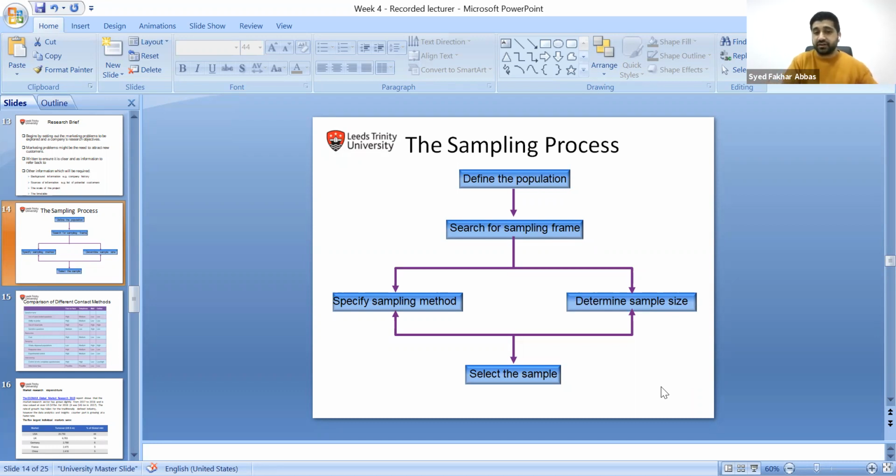We will determine the sample method, and then we will determine the sample size, how big the sample will be. After getting these two details, we will select the sample.